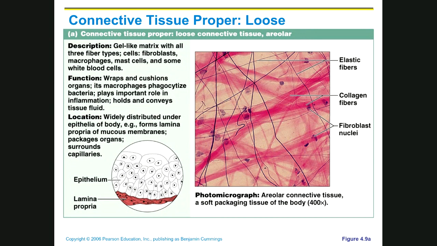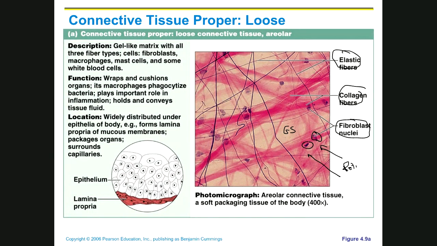Remember, the primary cell type here are fibroblasts. So that's what these are. And then here's our ground substance. Remember, it's like jelly or jello. And then look, these big pink fibers, those are collagen. These really, really dark staining fibers are elastin. And even though they're not labeled, these really, really fine fibers here, those are reticular fibers.